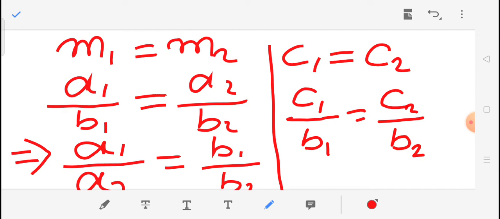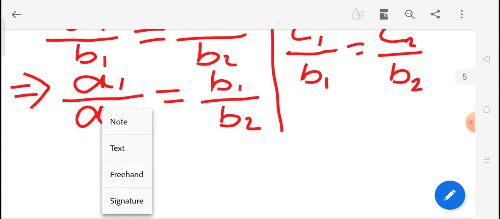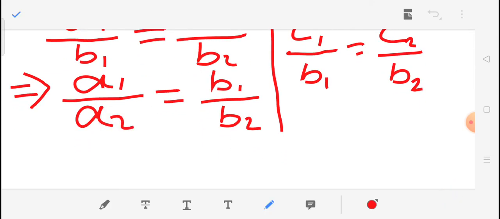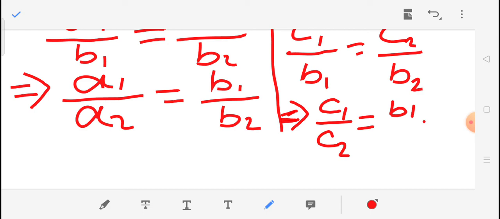Here c1 and c2 are the constant terms, showing from the slope-intercept form the y-intercept. So c1 by b1 equals c2 by b2, and continuing this equation, we get c1 by c2 equals b1 by b2.